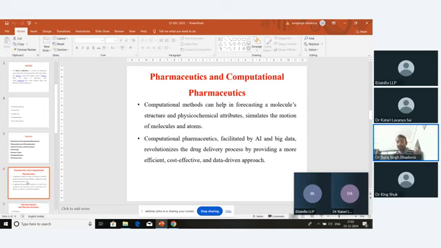Efficient, more efficacy, cost effective and data driven approach. These are the three main advantages in this branch. So pharmaceutics and computational pharmaceutics is a model linked with AI, and it gives more effectiveness in the therapeutic value of drugs or medicinal substances.